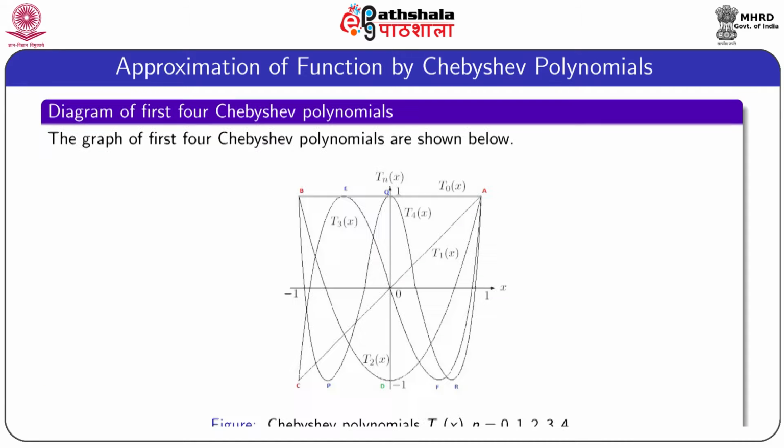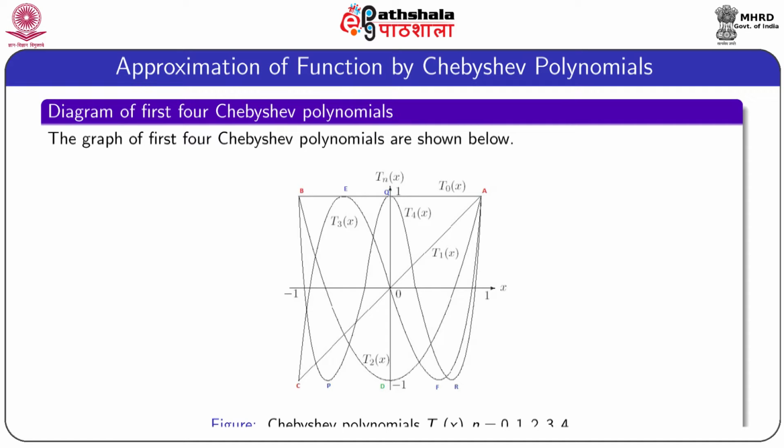So, these are the graphs of the first 4 Chebyshev polynomials. The first graph is AB, the line AB. This one represents the polynomial T0(x). The second polynomial T1(x) is the line AOC, and the polynomial T2(x) is the curve BDA.